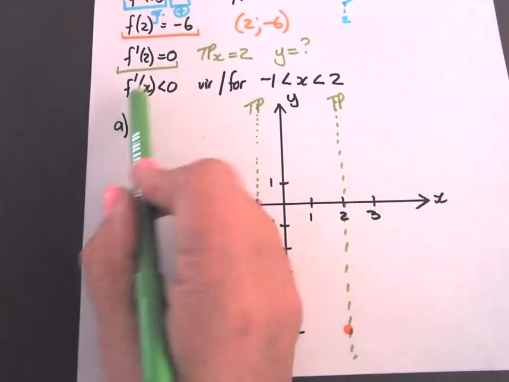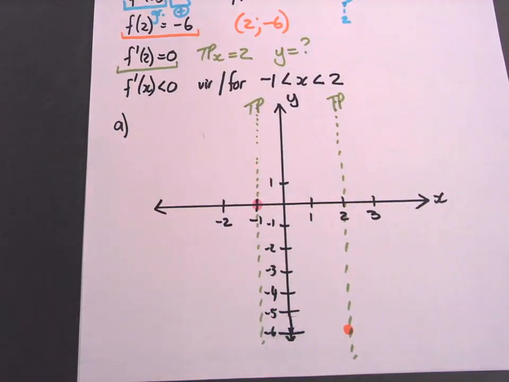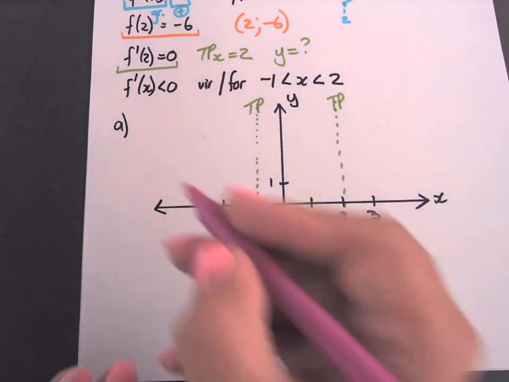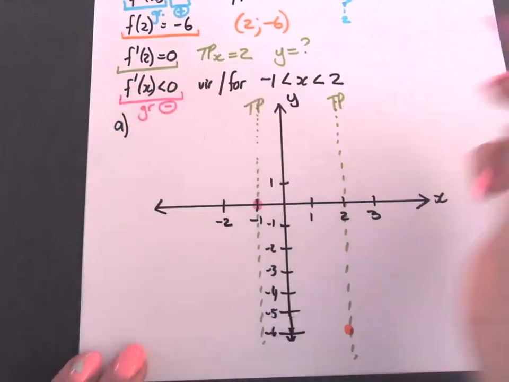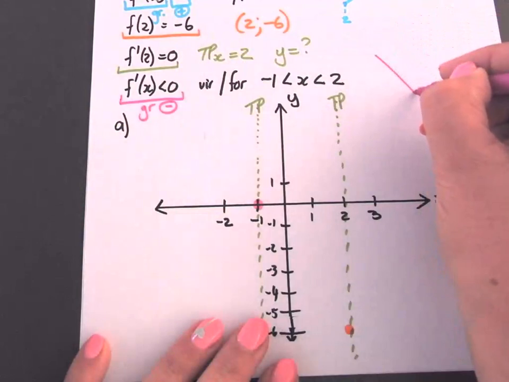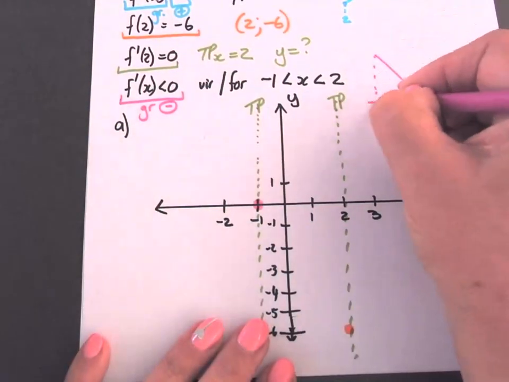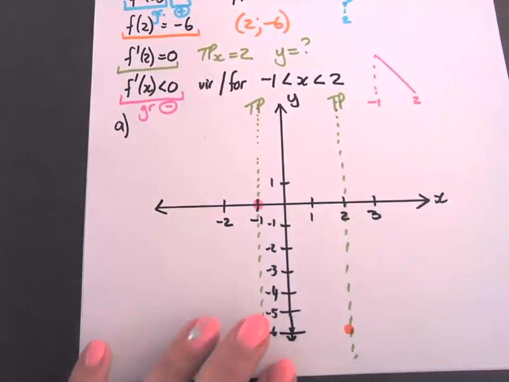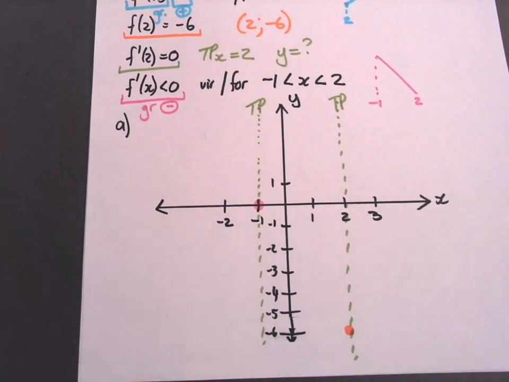Okay. Now we look at our last clue. The first derivative is smaller than 0. What does that mean? Negative gradient. Well done. Gradient is negative, so I have something like this, between -1 and 2. Okay. Now you put everything together.